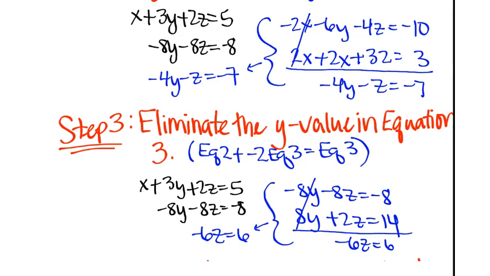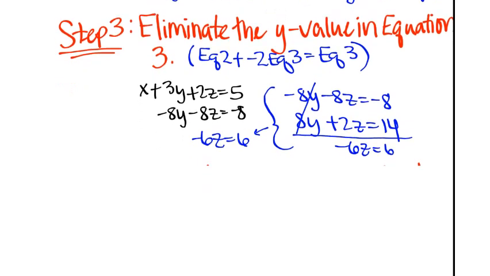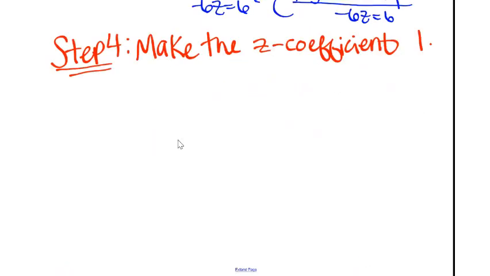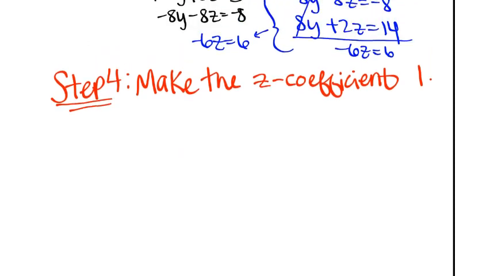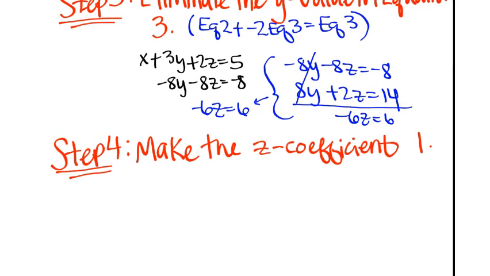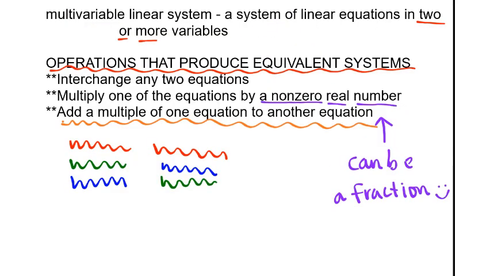I replace that third row with negative 6z equals 6. That allows us to move on to the next part, where we want to make the z coefficient equal 1. In order to do that, we use the second thing we're allowed to do: multiply one of the equations by a non-zero real number.